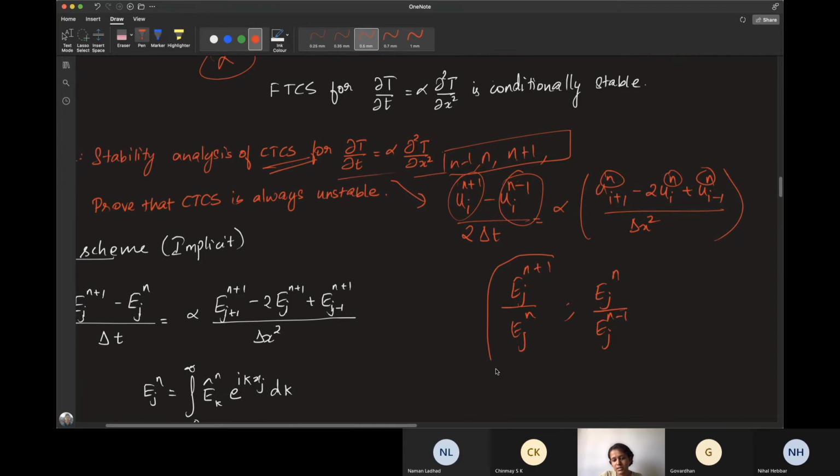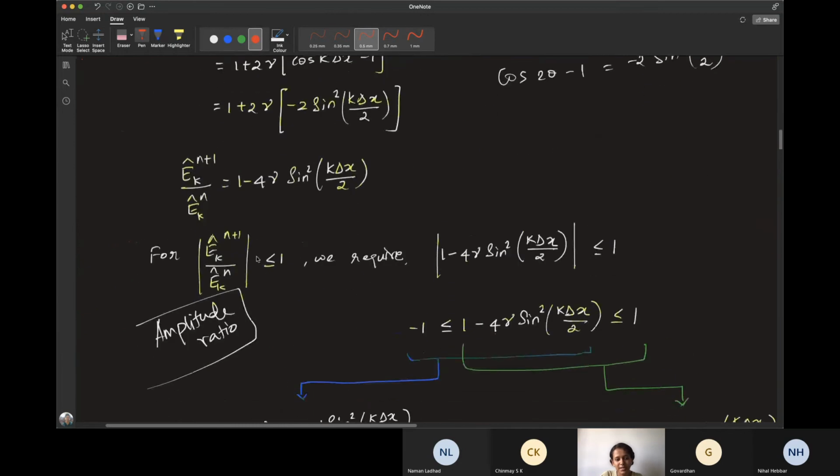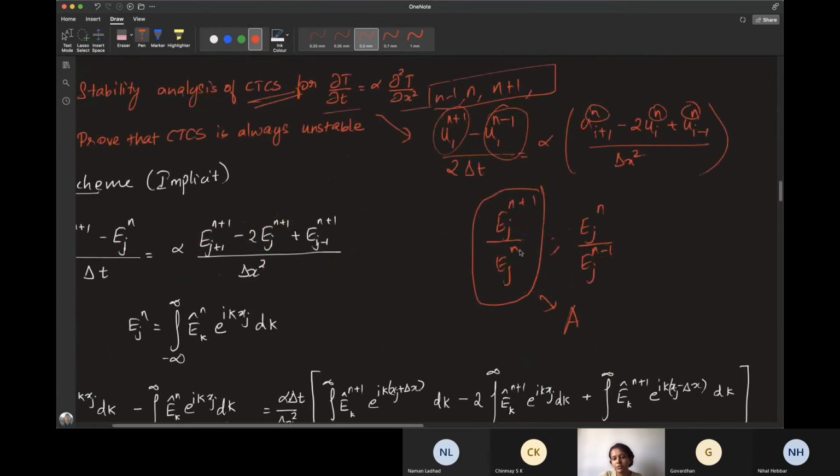You just consider this to be some amplitude ratio A. Whenever you encounter such terms, you replace both of them by A only, since both of them are amplitude ratios.